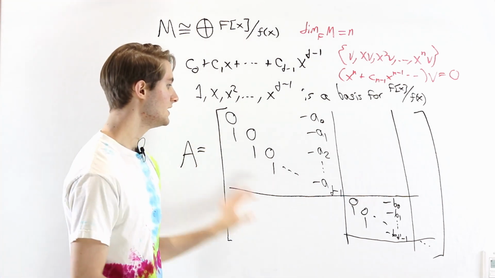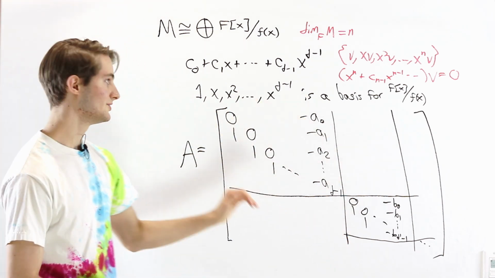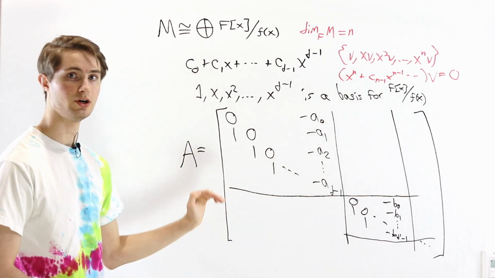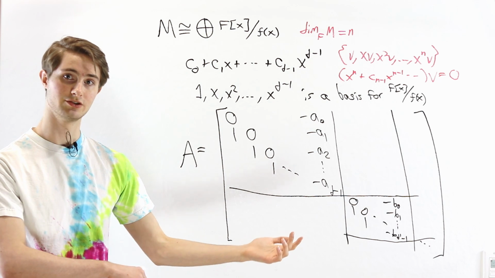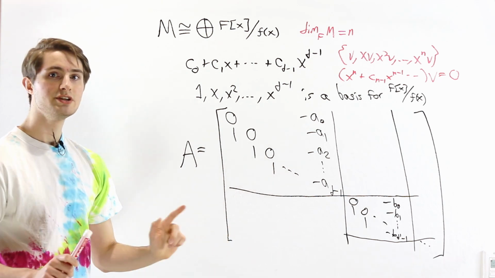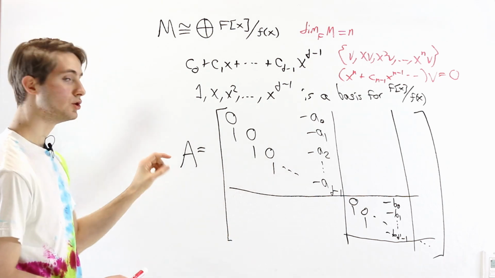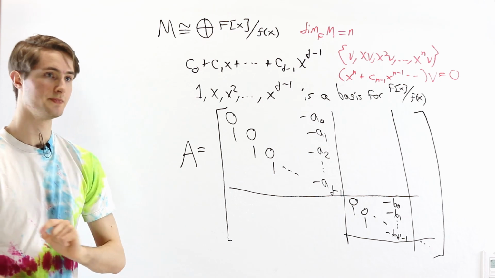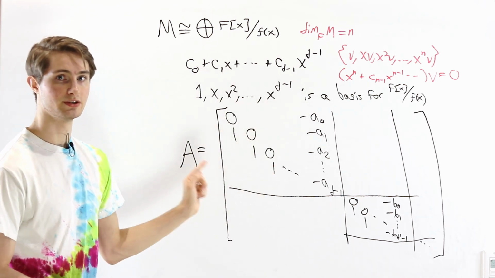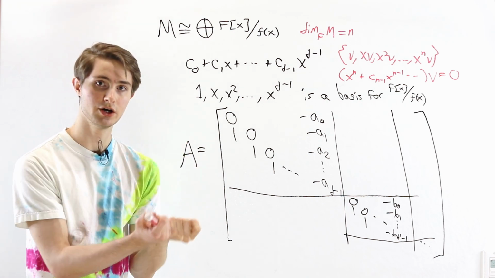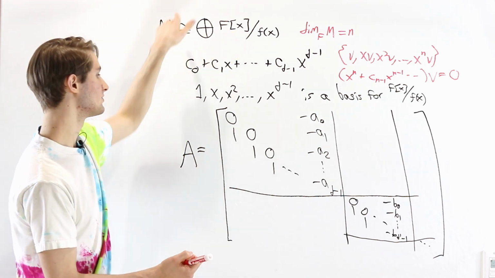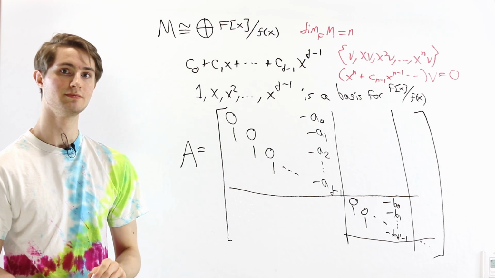So we know that any matrix that has a finite number of rows and columns is going to be associated with a finite dimensional vector space. So for every single matrix, if we look at the F[x] module where that matrix describes multiplication by x, we can write that module as a direct sum of cyclic modules.